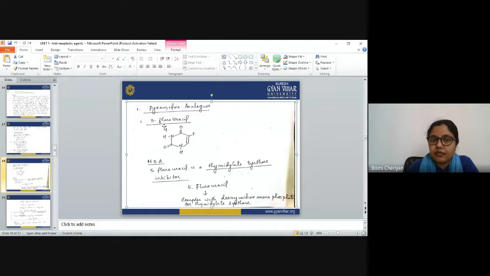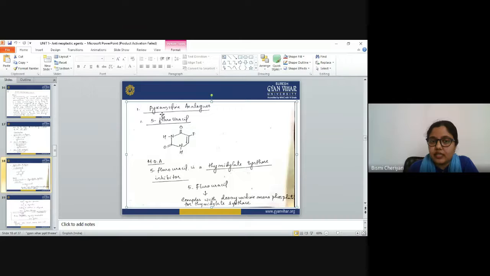And in 5-fluorouracil, there is a double bond O at the second position, and at the 6th position there is one C double bond O. At the 5th position of this structure, one fluoride is attached.